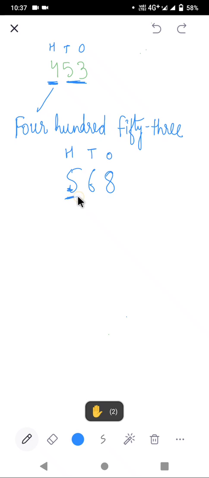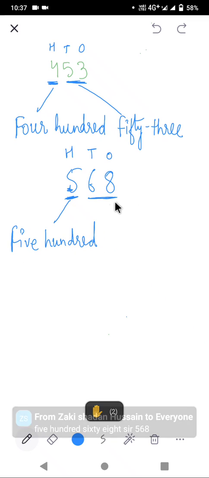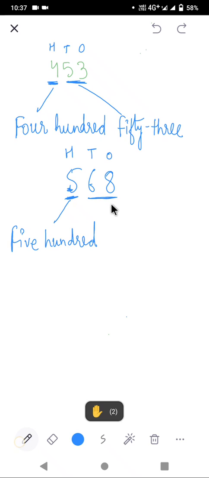In the first part we'll take the hundreds digit, and in the second part we will take tens and ones. For the first part, it is 5 at hundreds place, so we will write five hundred. Don't forget to write hundred. In the second part we have 68, so we'll write the number name for the two-digit number 68.